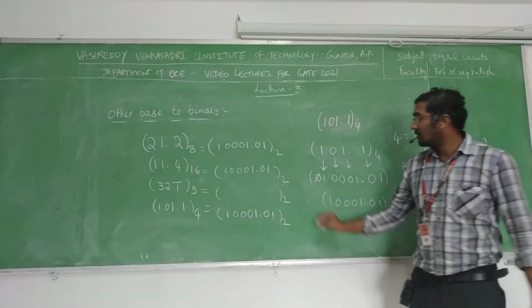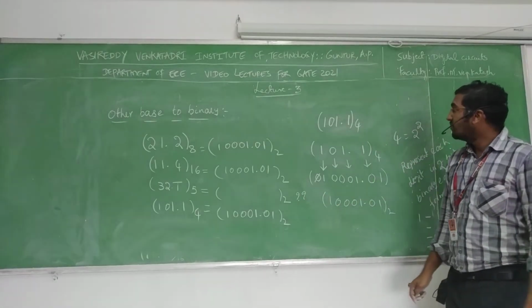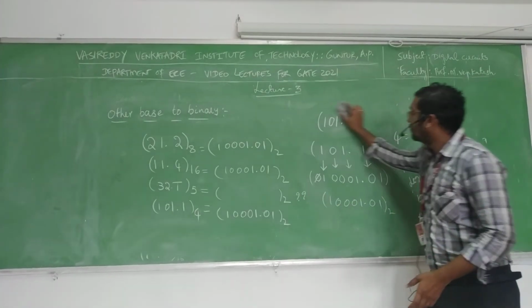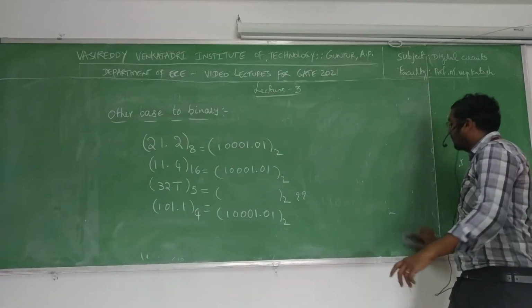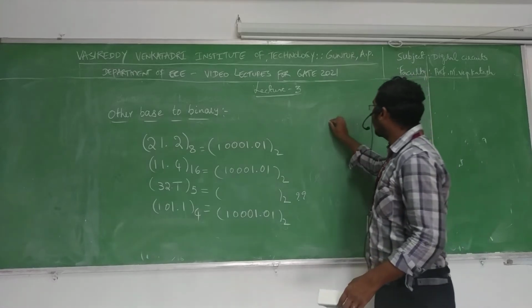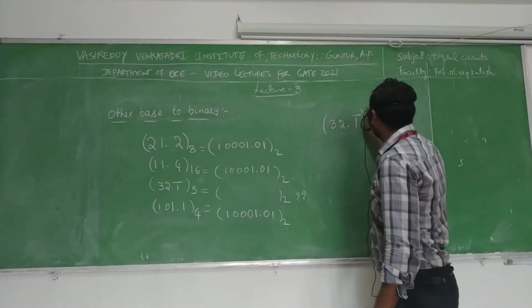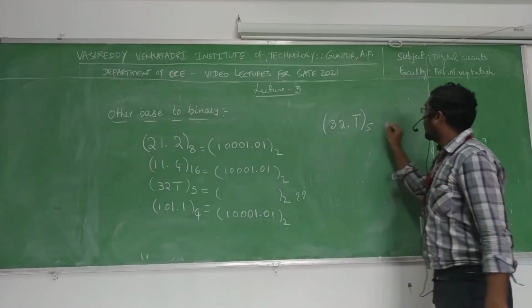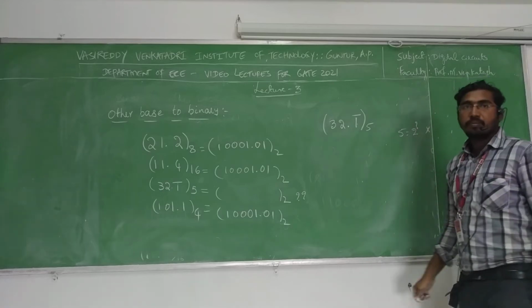Now coming to this third problem, how to do this? As we cannot write 5 in terms of 2 powers, the approach is always the same, which I said earlier. First 32.1 recurrence and it is base 5. As you cannot write 5 in terms of 2 power, it is not possible to convert directly.